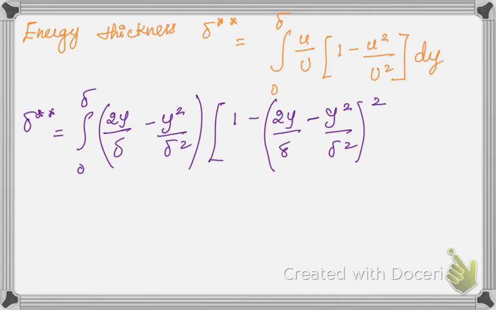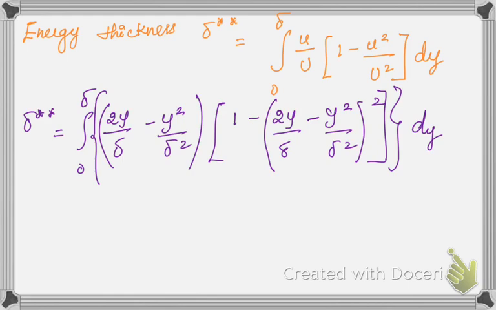You can see here u squared by U square, that is the formula, so I have to square it, closing this bracket and the final flower bracket into dy.